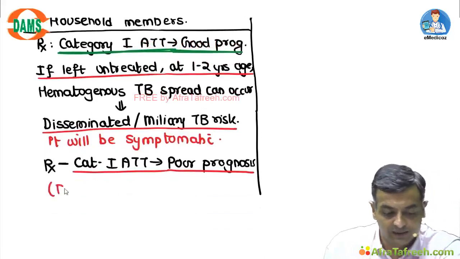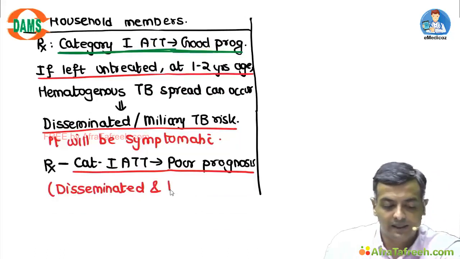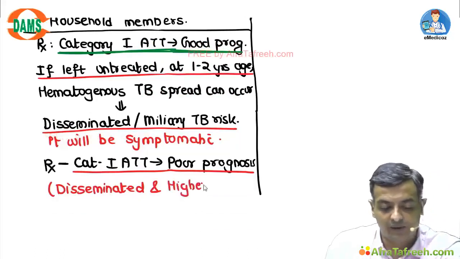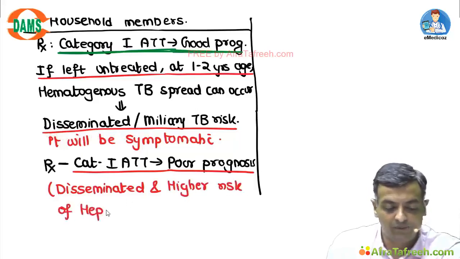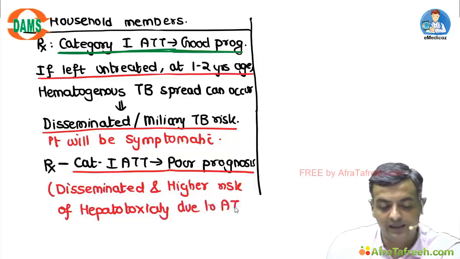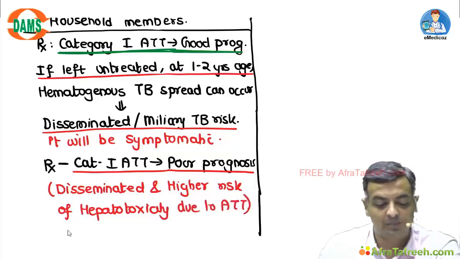Because, one, the disease is disseminated to multiple organs, and two, there is a higher risk of hepatotoxicity due to the anti-tubercular drugs, making the prognosis poor.